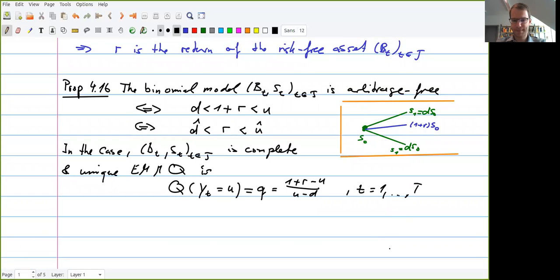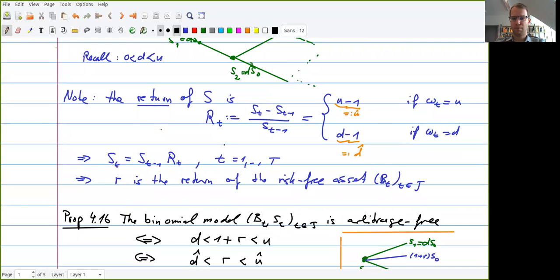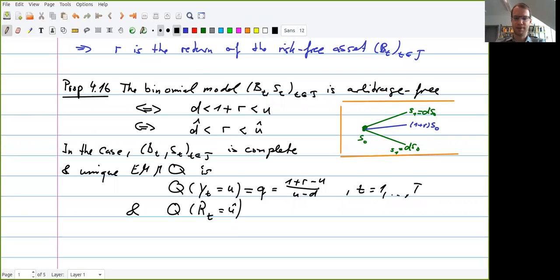Or equivalently, we can formulate this also with respect to the returns of the risky asset. So the probability that the return is d hat, so one by u minus one, then this is again q.